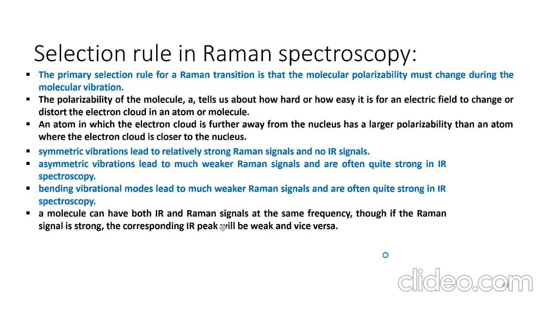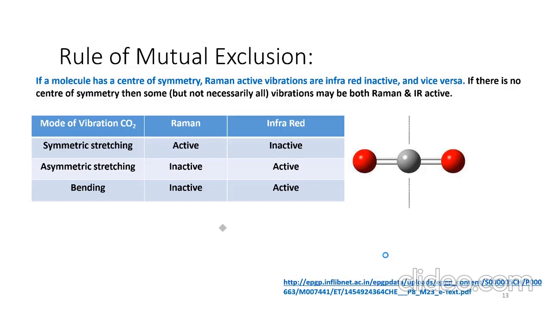So, compared to the IR, the molecules which are inactive in IR will be active in Raman, and vice versa. The molecules inactive in Raman will be active in IR. So that is the principle of mutual exclusion.